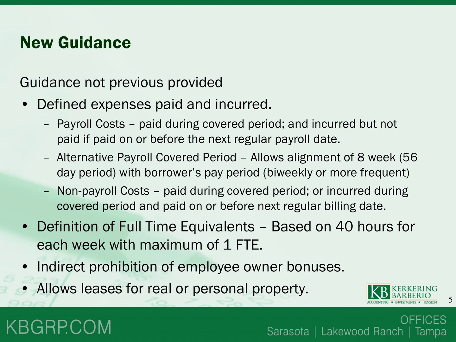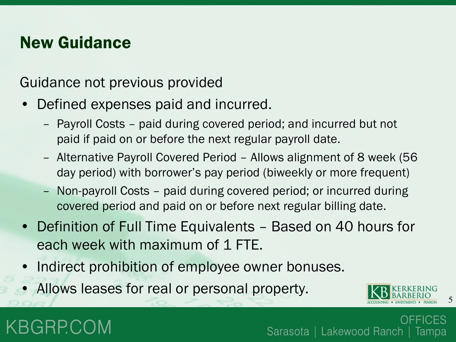So if we have a utility bill that is for June, but maybe we don't pay until July 1st, we can use the 14 days in June to build up those expenses that count towards our utility bill. We still have to pay it though. So the lenders are still going to make sure that we have that receipt of payment that falls outside of the covered period. But we now know we can include the expenses that are incurred during that covered period.